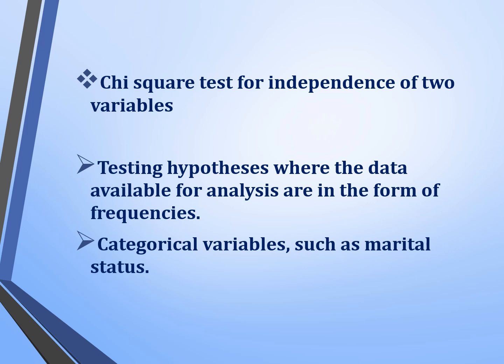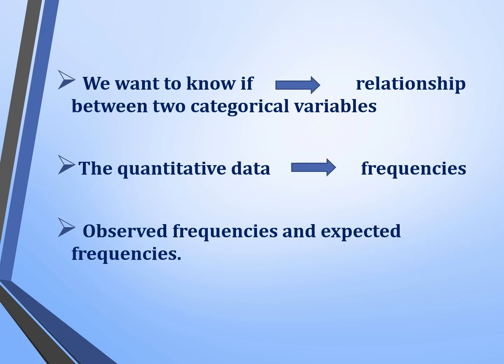This variable can be categorized into married, single, widowed, and divorced. By using this test, we might want to know if in the population from which the sample was drawn, there is a relationship between 2 categorical variables.